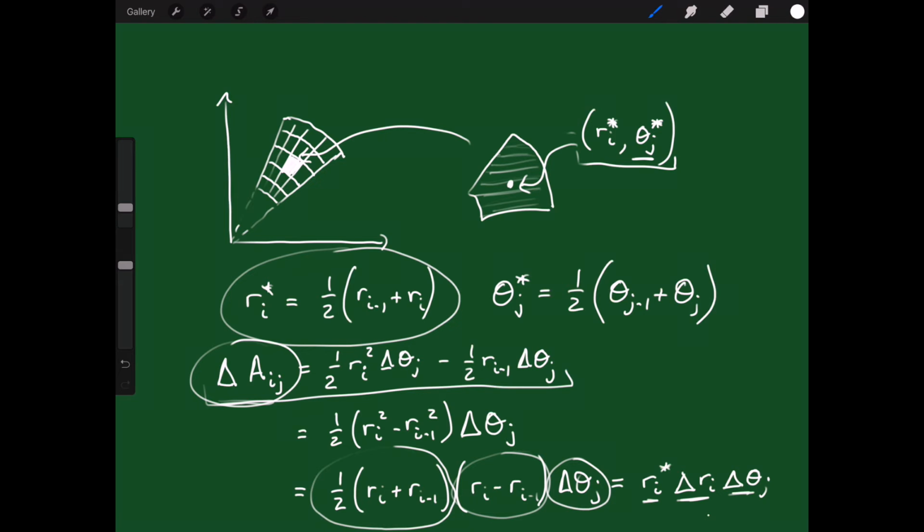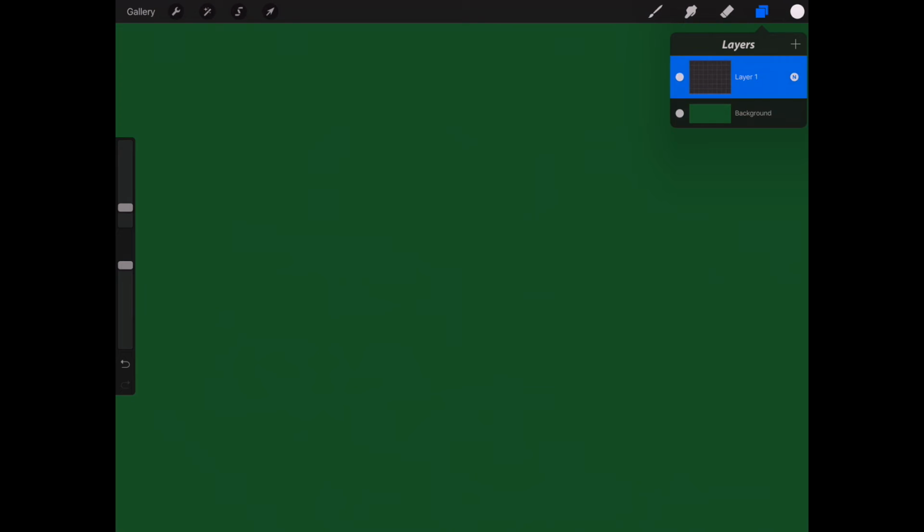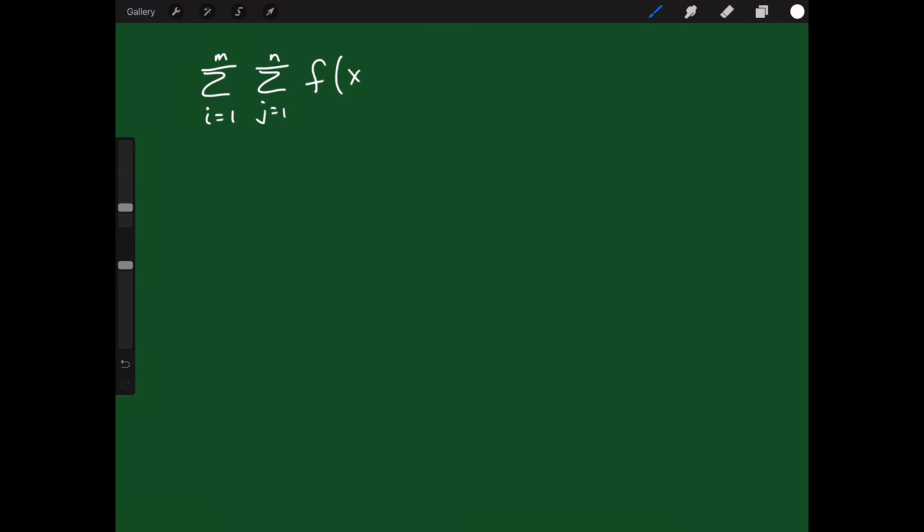Okay, how is this helpful? Well, what I want to figure out is I want to look at the sum i going from 1 to m of sum j going from 1 to n of f of x sub ij star, y sub ij star, delta A sub ij.